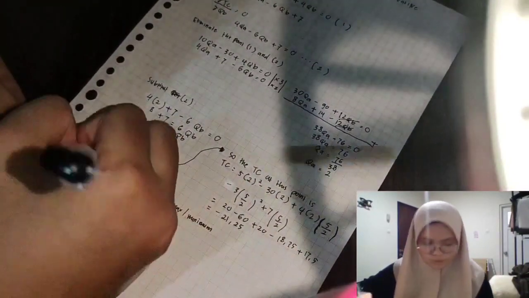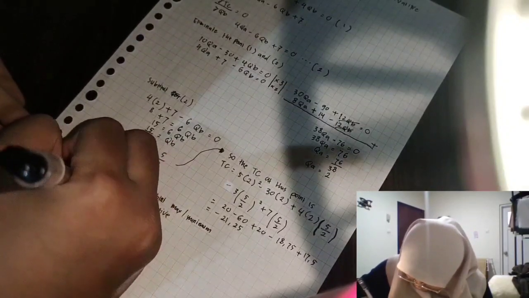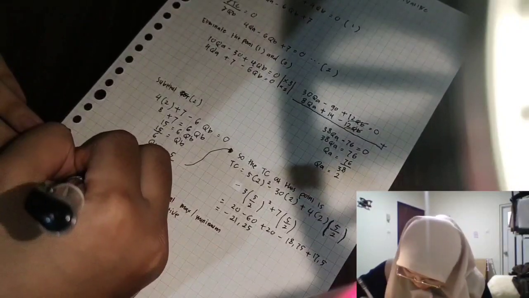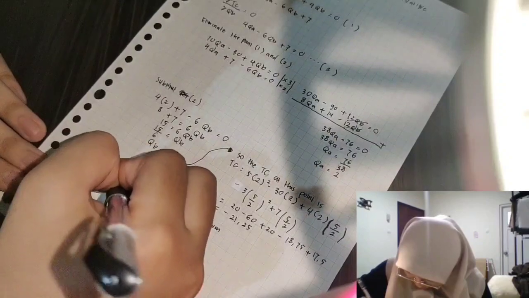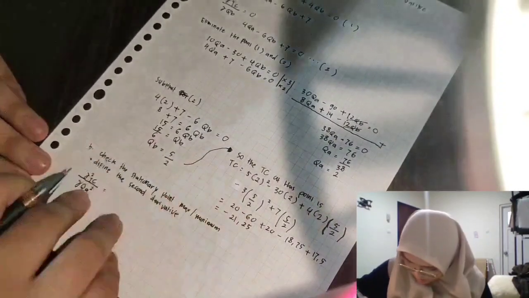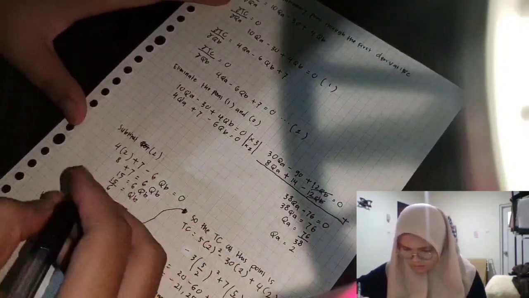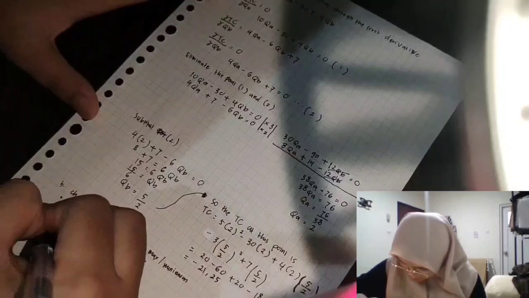So the second derivative for Ka squared, we check, is 10.